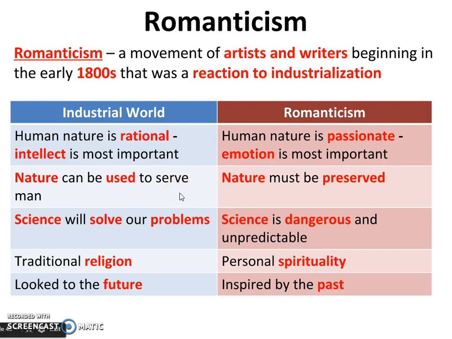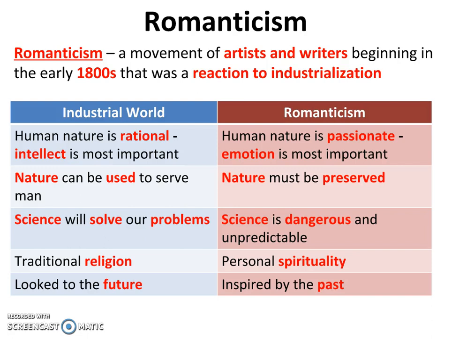The industrial world says that nature can be used to serve man. And we see examples of how coal and wood are used to burn steam engines and run steam-powered machines. Whereas Romanticism says that nature must be preserved and not interfered with. The industrial world says that science will solve our problems, whereas Romanticism finds science possibly dangerous and unpredictable, dealing with things we don't know how to control.